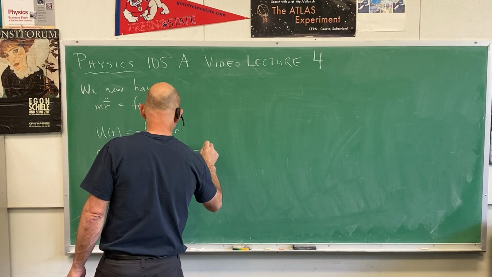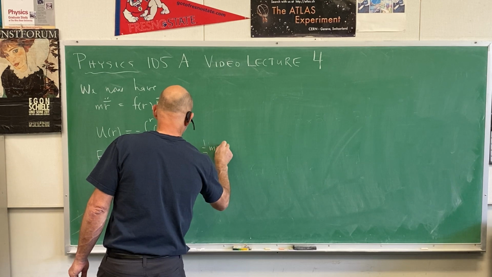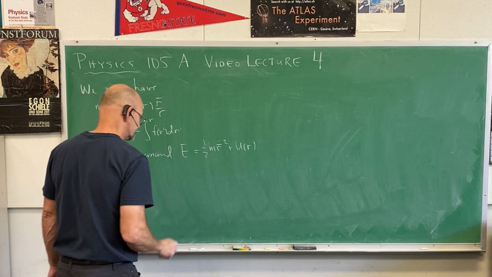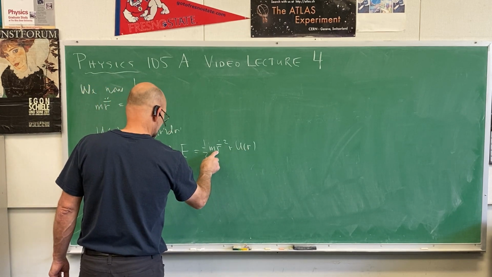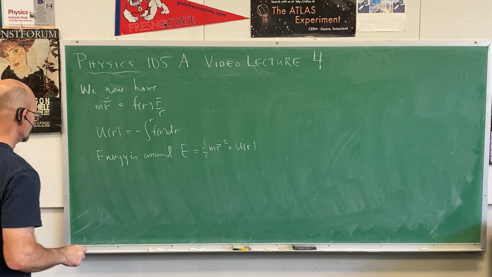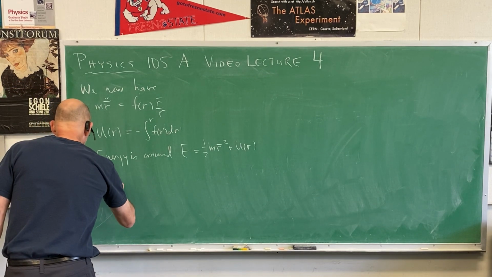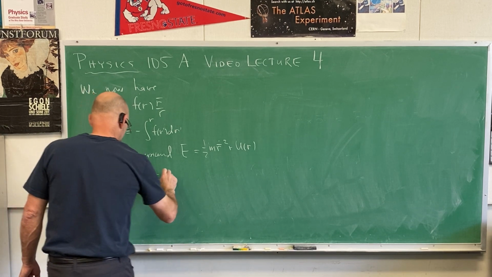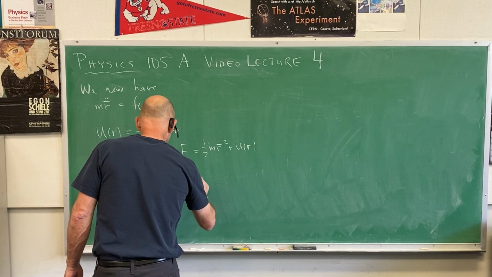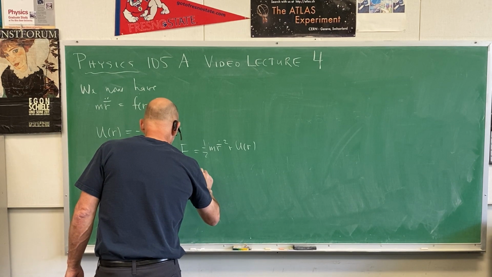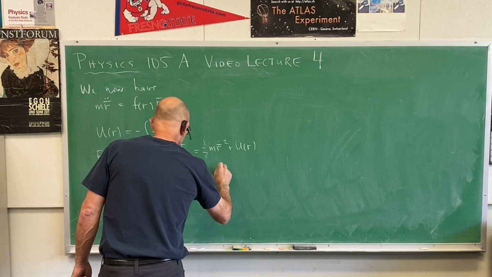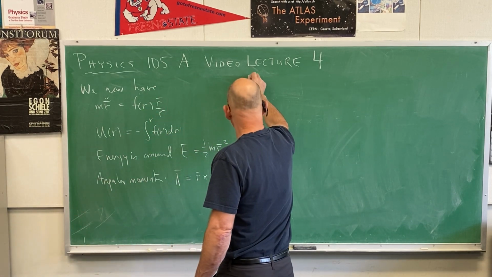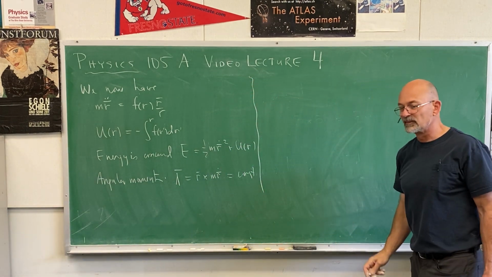E equals 1/2 m r dot squared plus u of r, and this is the magnitude of this vector r. And angular momentum L equals r cross m r dot is also conserved. So this is what we have in our central force problem.